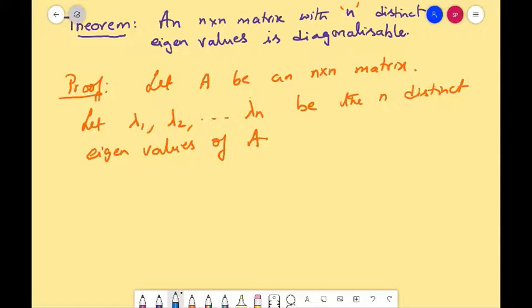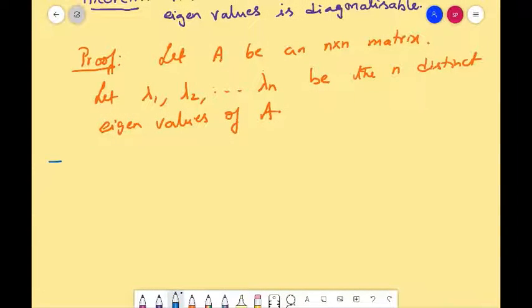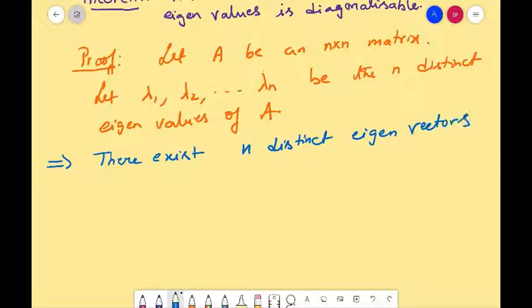If this matrix has n distinct eigenvalues, then it should have correspondingly n distinct eigenvectors. So this implies there exist n distinct eigenvectors corresponding to the above eigenvalues.